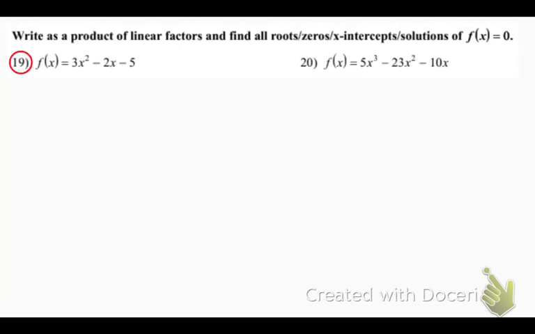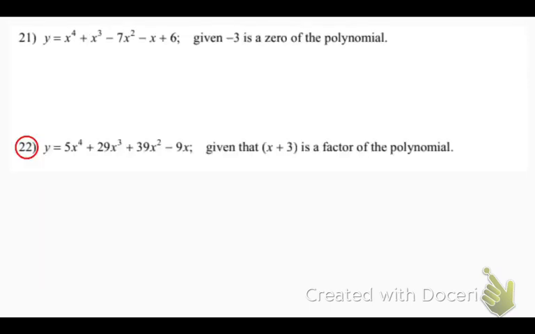The directions are write as a product of linear factors and find all root zeros, x-intercept solutions, given that x plus 3 is a factor of the polynomial. Okay, so I see x plus 3 is a factor. That means I have to do x plus 3 equal to 0 to find what this root is.